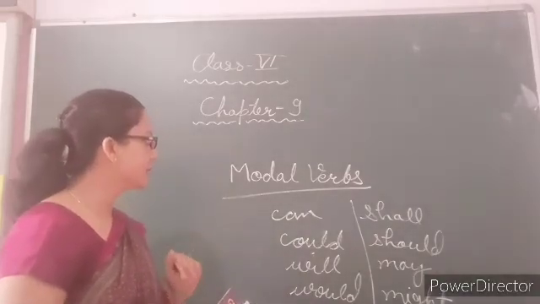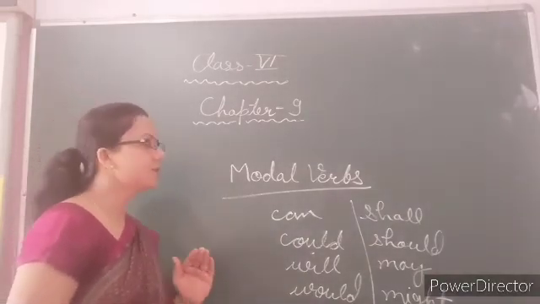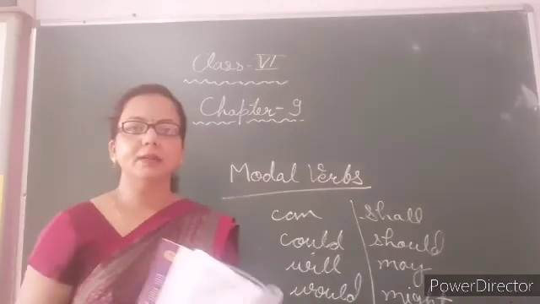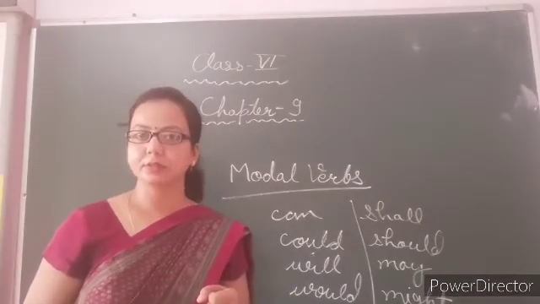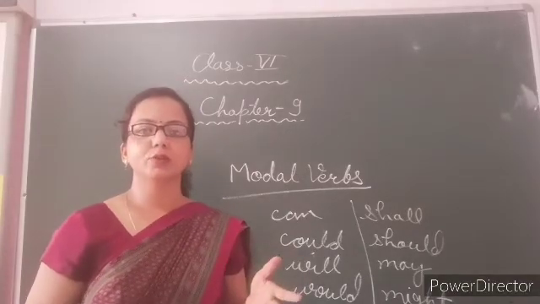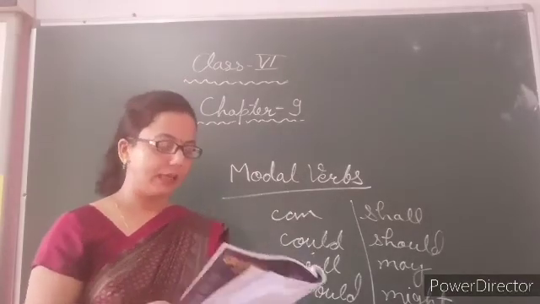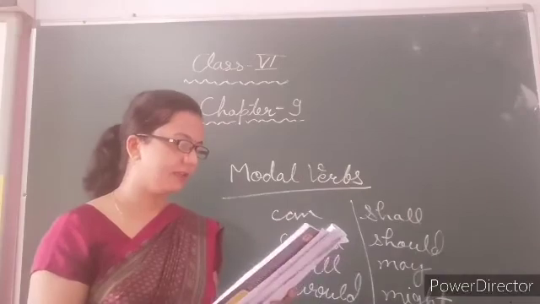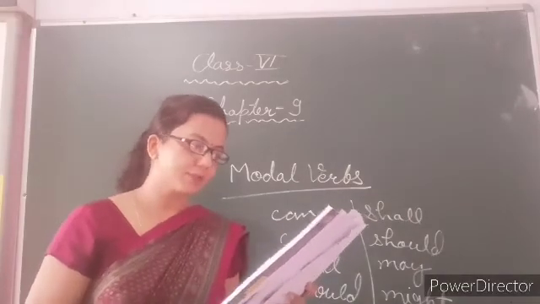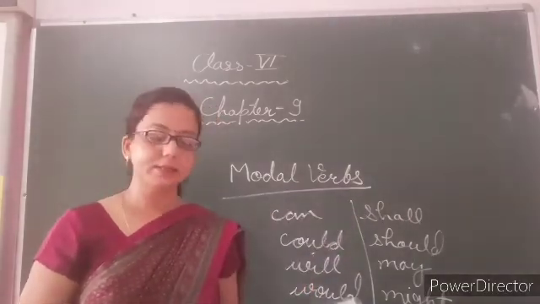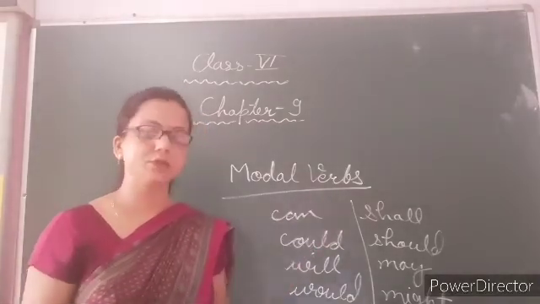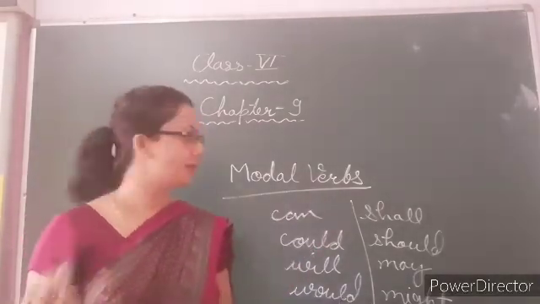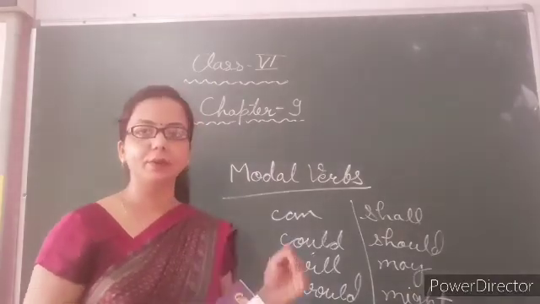So my dear students, we use modal verbs in different situations, like to take permission, to show obligation, to express ability, willingness, possibility, permission, and intentions, and many more also. In your next class you will read about this.